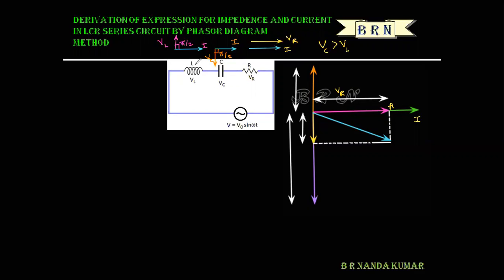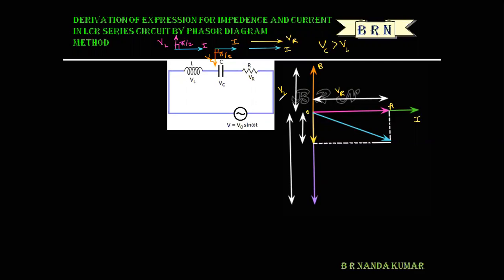And the potential difference across L is VL, which leads the current by an angle pi by 2 radian, and is represented by the vector OB. That is, the current lags behind the voltage by an angle pi by 2 radian.